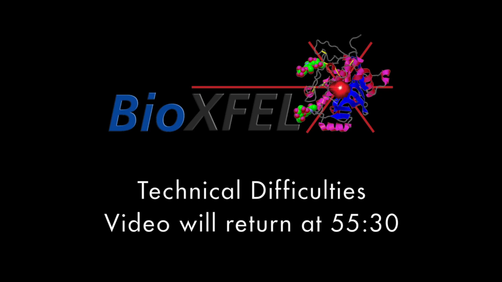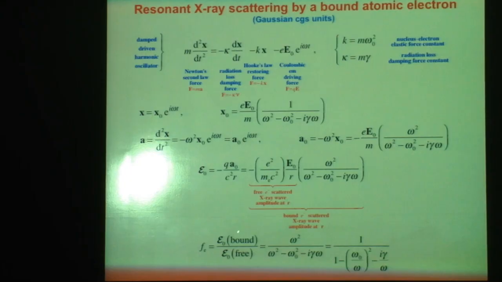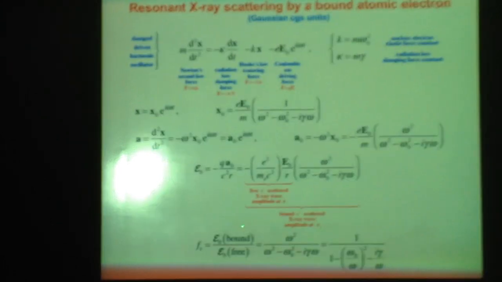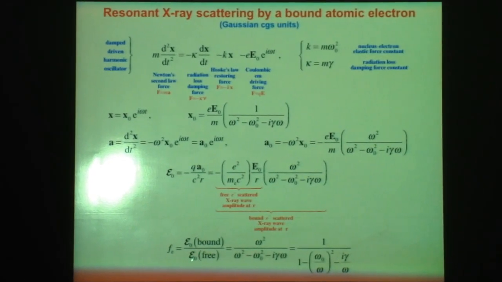And the scattering factor then is defined as the amplitude of the scattered radiation from this bound electron, subject to the effects of the nucleus attraction and the damping force, divided by the amplitude of scattering by a free electron. That turns out to be all of this here. This is the amplitude of scattering from a free electron. So all of this part of it, with the fundamental constants and so on, falls out, and we're just left with this frequency ratio, in general complex valued.